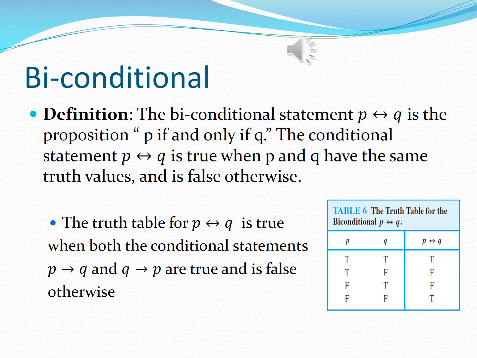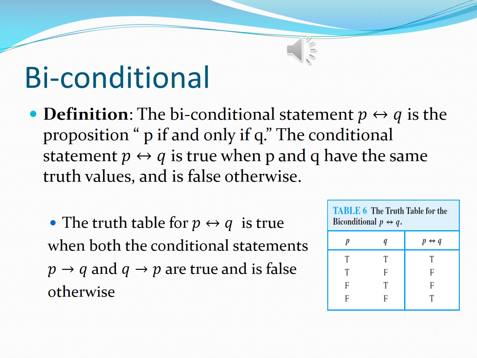By biconditional statements, this is defined as the statement that states the following: P if and only if Q. The biconditional statement is true when P and Q have the same truth values and is false otherwise.